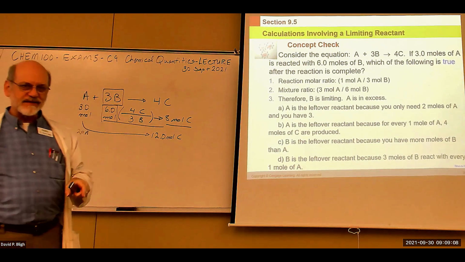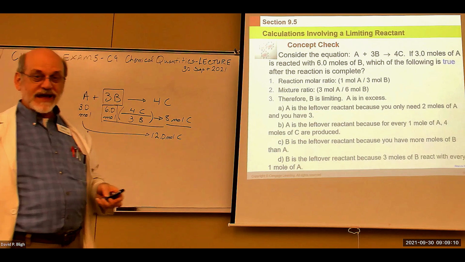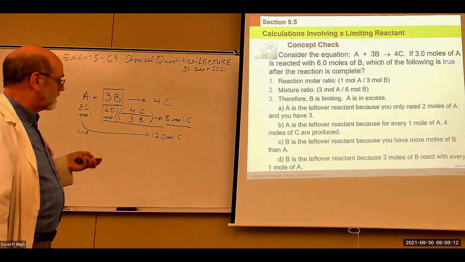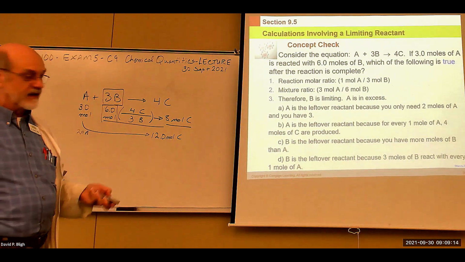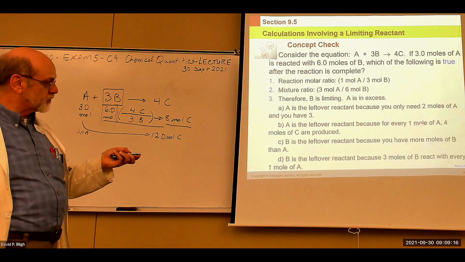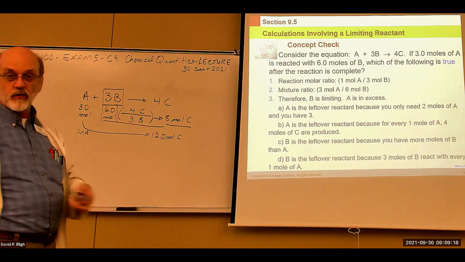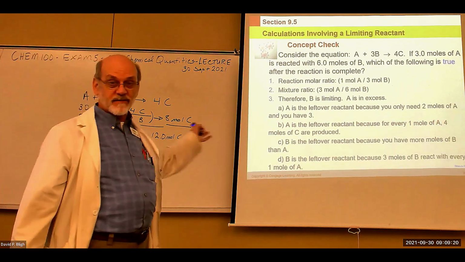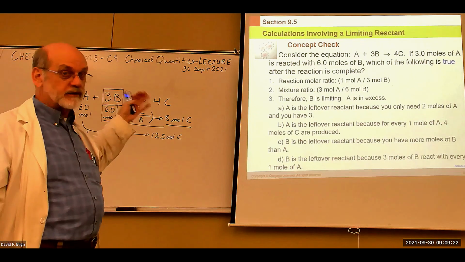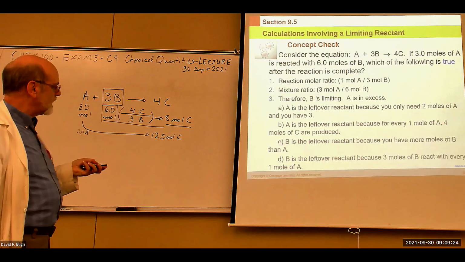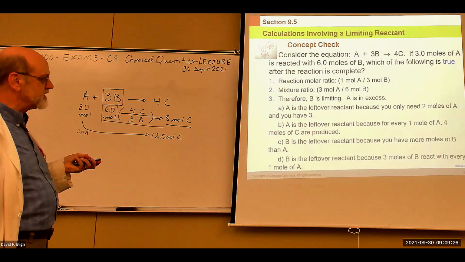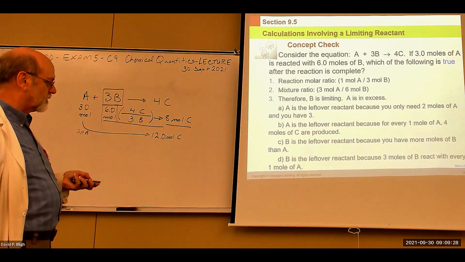That's not the reason A is left over. The reason A is left over is because we've got more than we need, not because of this ratio. That ratio would be valid no matter what the amounts were, no matter what the mixture is. So A is not true, but that's not the reason that A is left over.